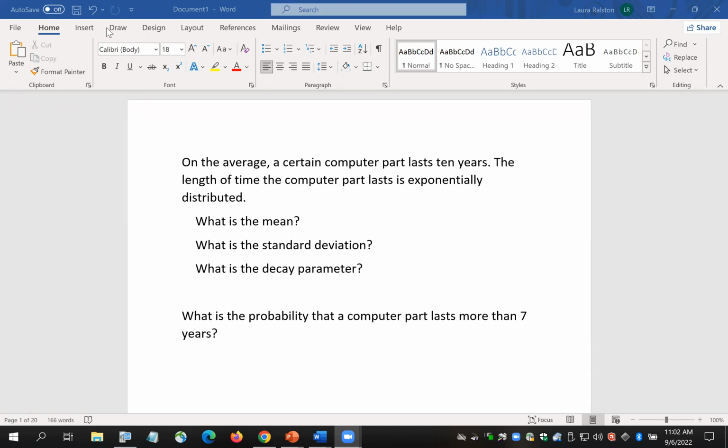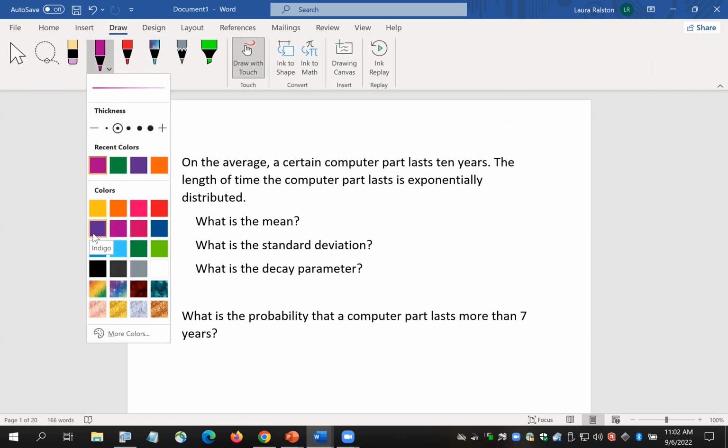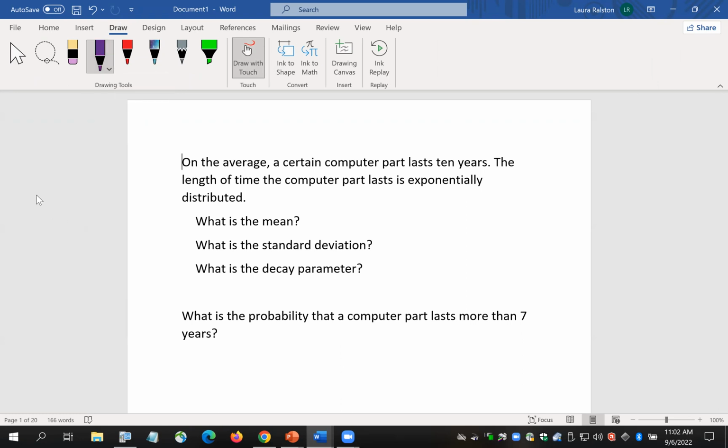I had mentioned to you that typically with these particular type problems, they will identify for you what type of distribution you have. In the uniform distribution problems that we looked at previously, it would say uniformly distributed.